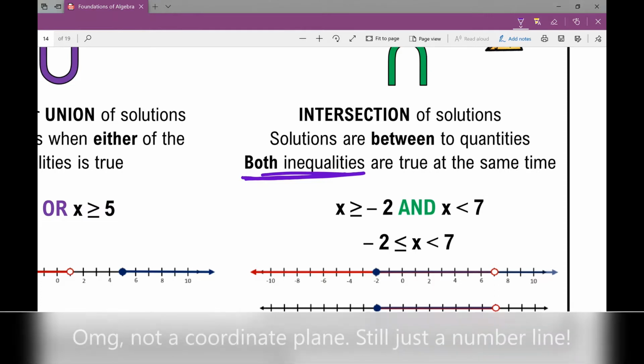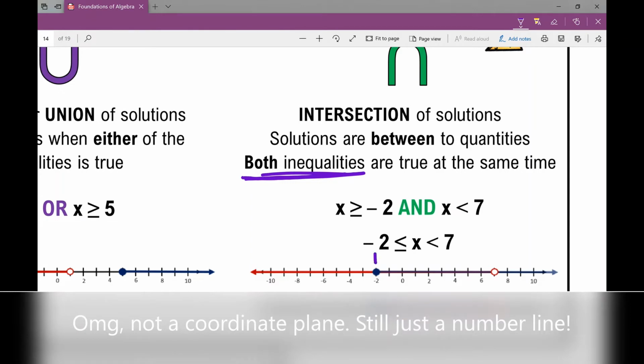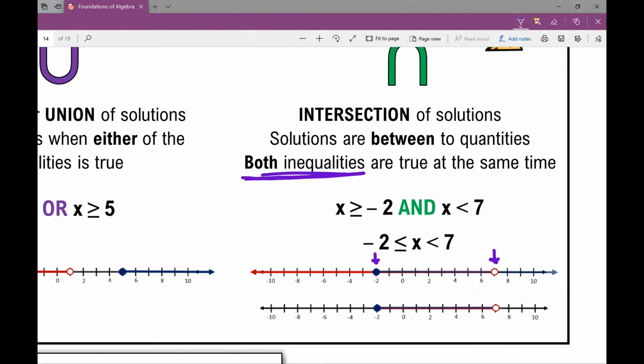X is greater than or equal to -2. So I've got a closed dot at -2 and I'm shading to the right, all the way to the right. And x is less than 7. So I've got an open dot at 7 and I'm shading all the way to the left. Well, your AND inequalities, because both of them must be true, your solution is where those two lines overlap.